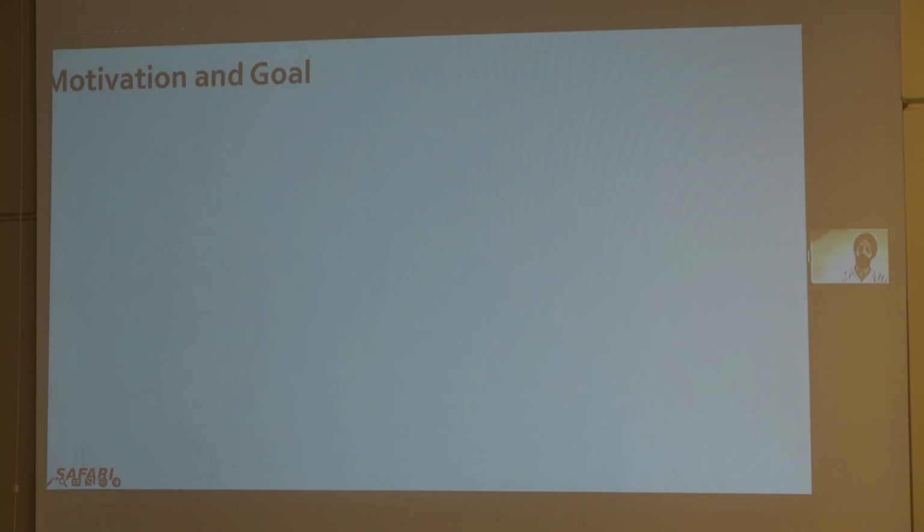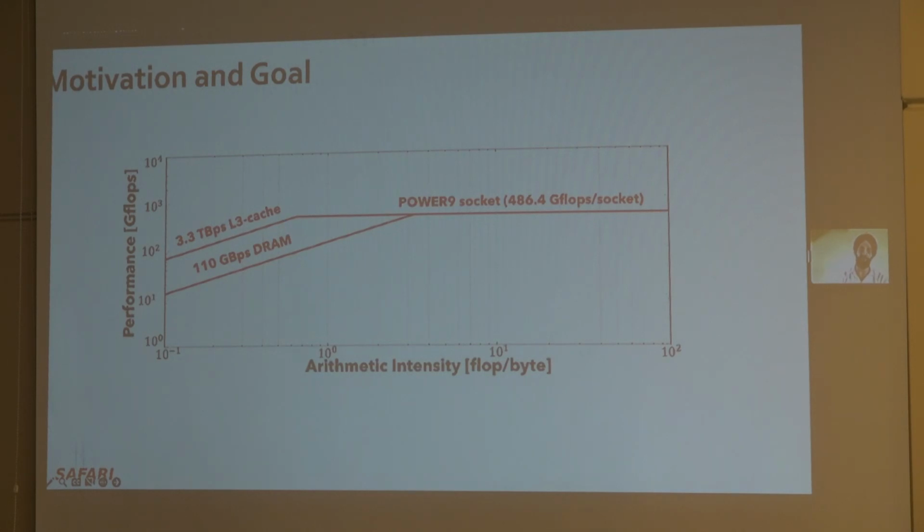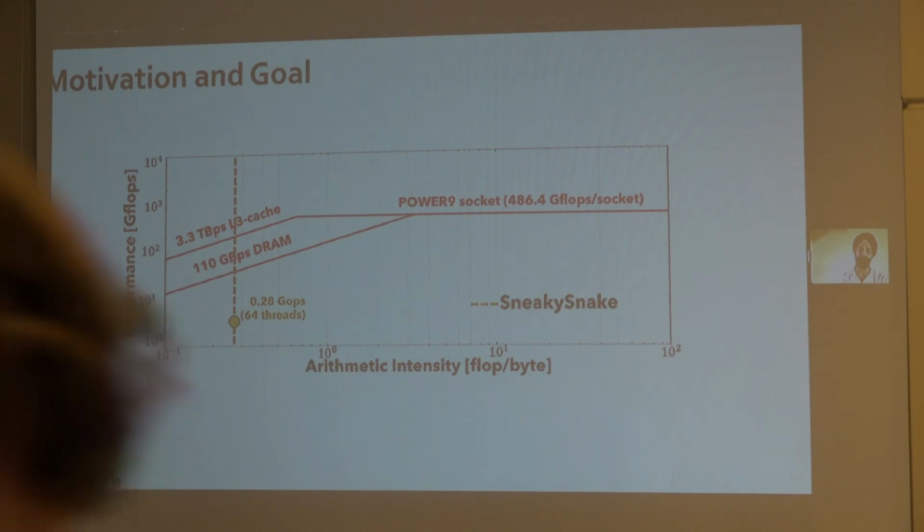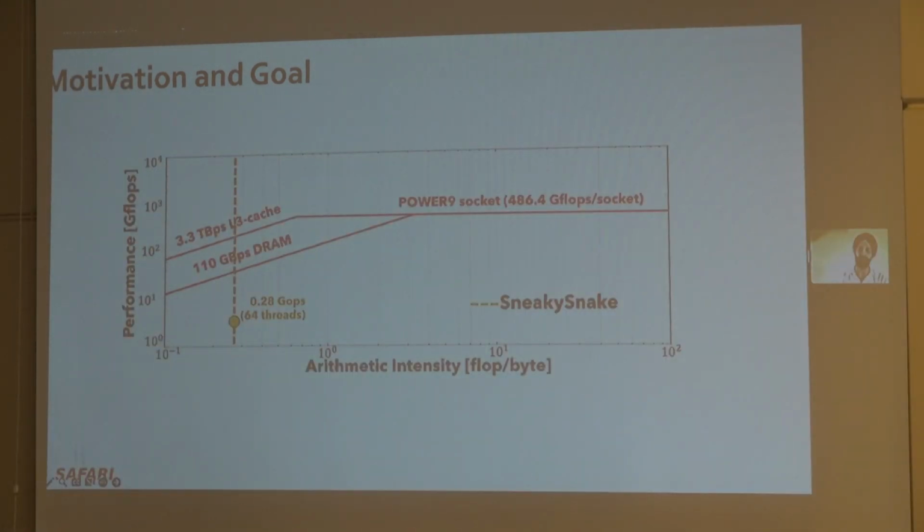And in this work, our goal was to analyze the performance of Sneaky Snake on a server-grade system and see how we can accelerate this algorithm. So over here we have a roofline plot. On the x-axis is the arithmetic intensity, and on the y-axis is the performance. If we plot Sneaky Snake on this POWER9 system, we observe that this algorithm is heavily memory bound and has complex memory access patterns. Therefore, it leads to limited performance and high energy consumption on CPU-based systems.